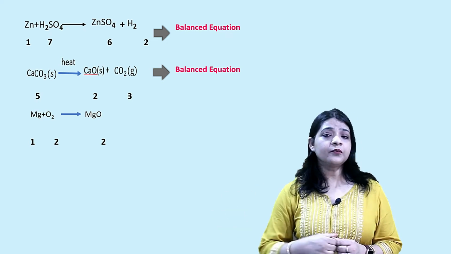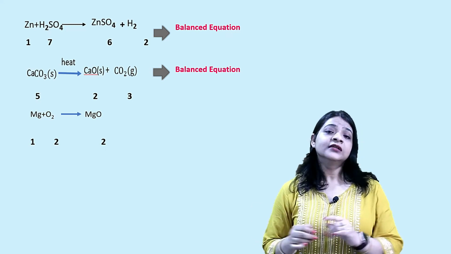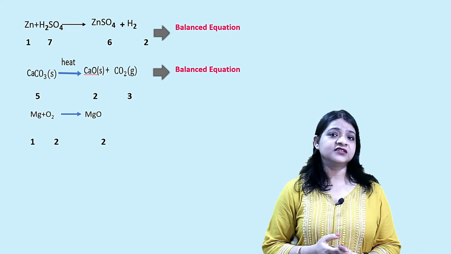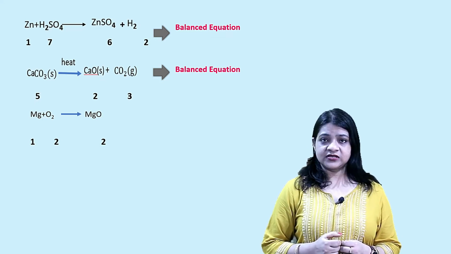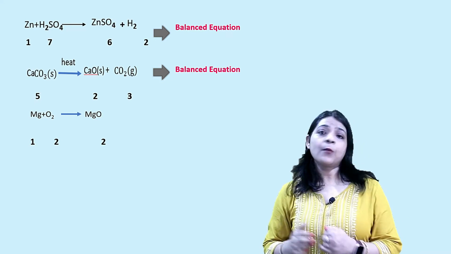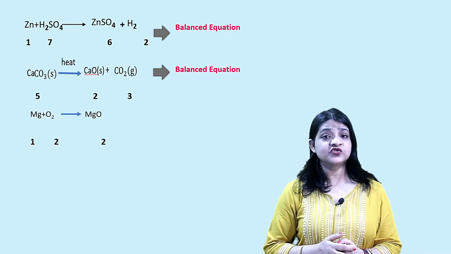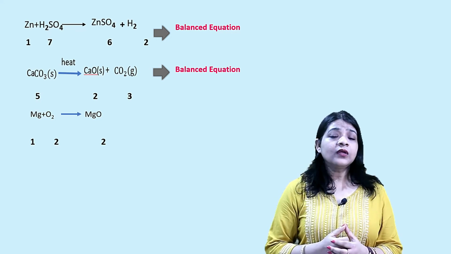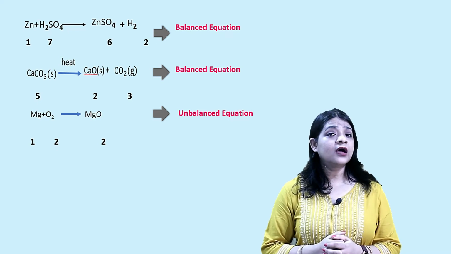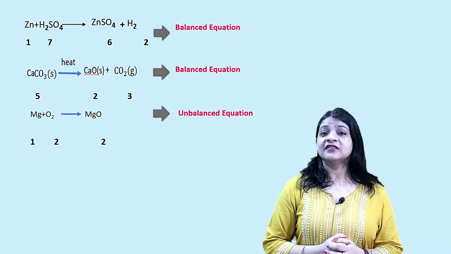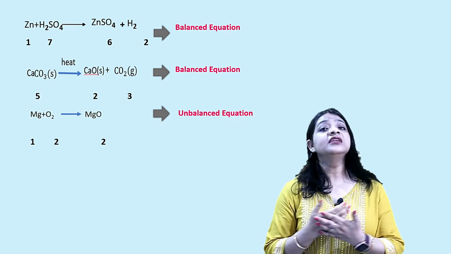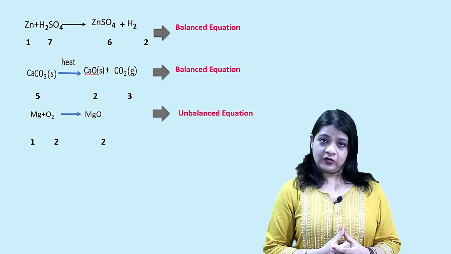Now the product MgO has 1 atom of magnesium and 1 atom of oxygen, which gives 2 atoms. So the number of atoms in the reactant side is 3 and in the product side is 2. So it is not equal, that is, the reactant side atoms are not equal to the product side atoms. So we can say that this is an unbalanced equation, and we need to balance it.